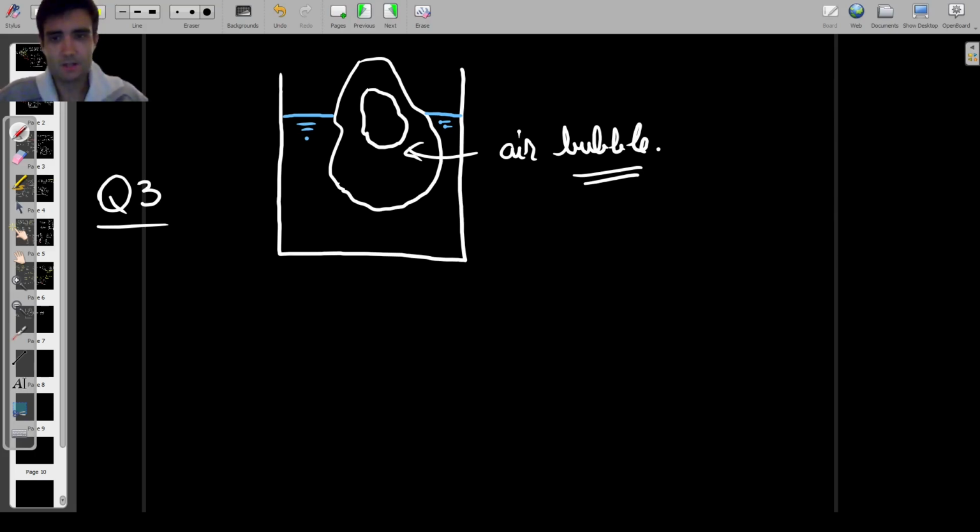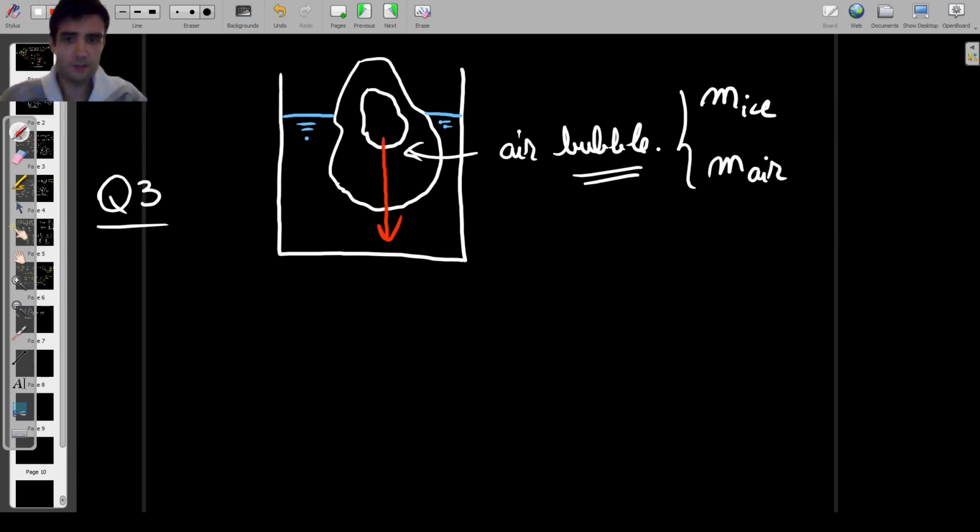Okay, well, first of all, let's name our variables like we did with the boat problem. I'm going to say that we have a variable named m ice. So this is the mass of the ice itself without the air bubble. And then we've got m air. So this is the mass of the air within that air bubble. Okay? Right. So now that we have this, we can write our balance equation.